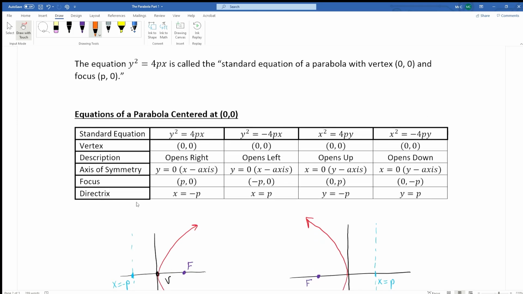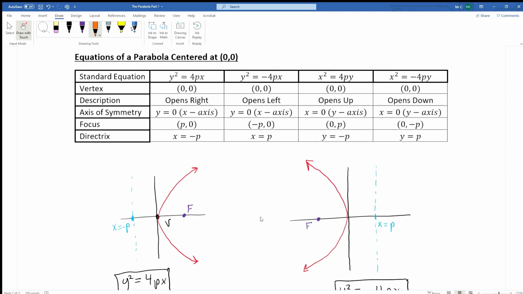Memorizing a chart like this is not super practical. However, it's always good to have a reference to check when you're first starting out. So what you may want to do is pause here and take a look at this chart and maybe copy it down into your notes. But I'm going to focus on the graphs and how they relate to the equations so that we can formulate these things in a way that's much easier to conceptualize and I think will stick with you more effectively.